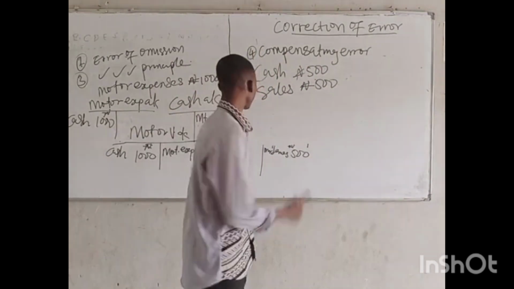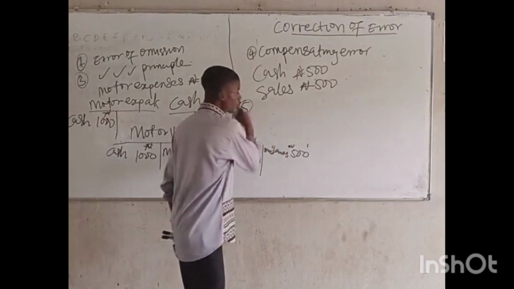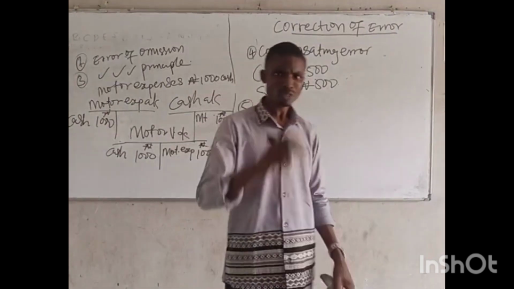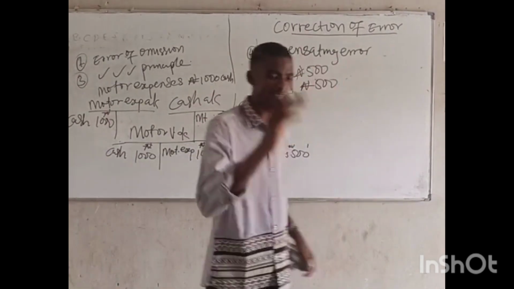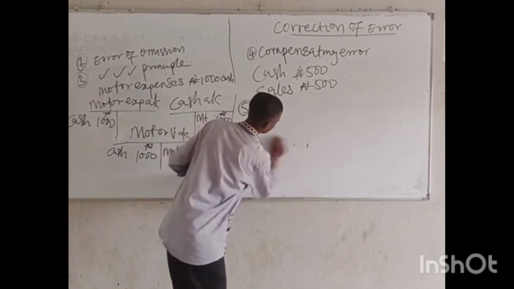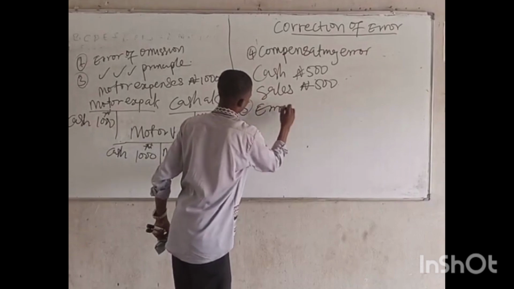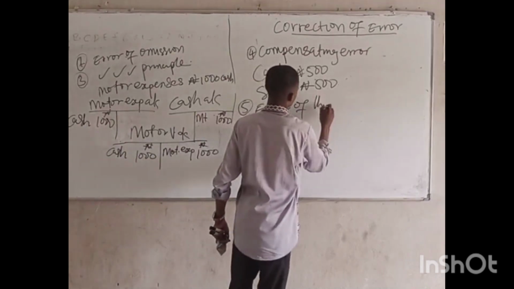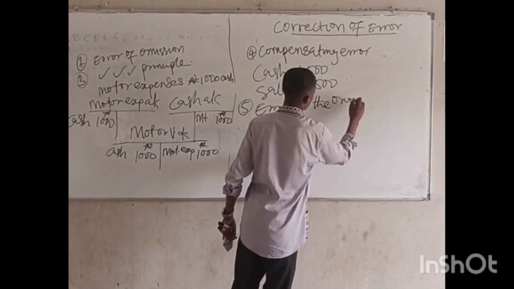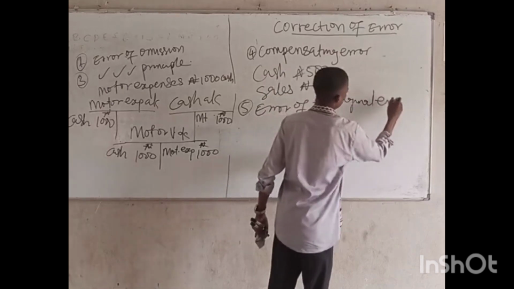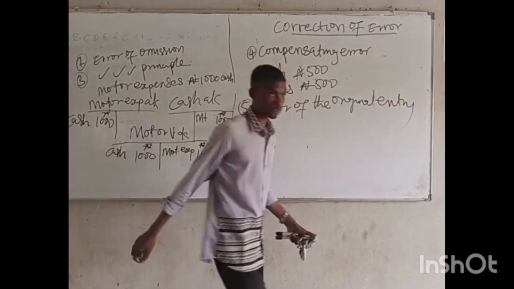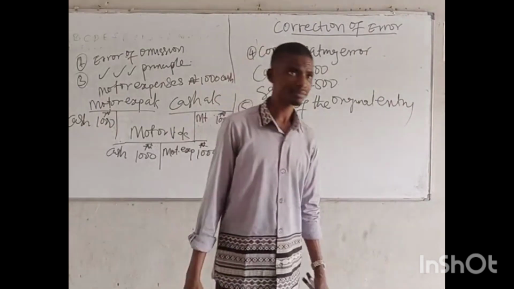The fifth error is what is called the error of the original entry. The error of the original entry.